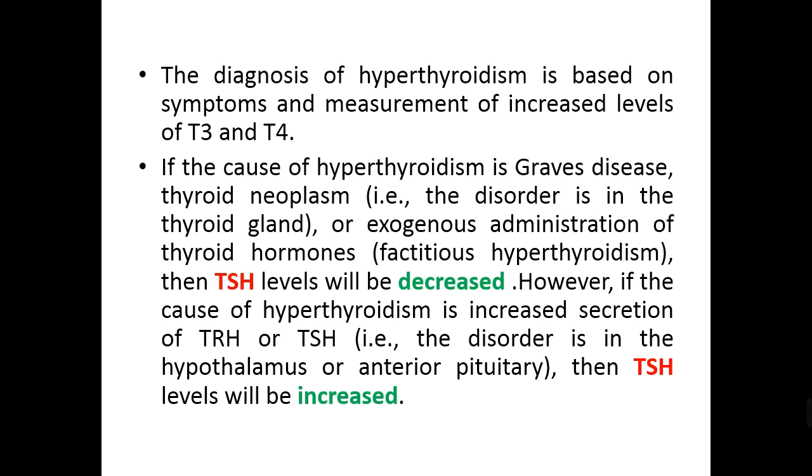While if the defect that causes hyperthyroidism is in the gland itself due to Graves' disease or due to thyroid neoplasm, then the TSH level, the thyroid stimulating hormone level, will be decreased. This is how we can differentiate between the causes of hyperthyroidism by investigating the level of thyroid stimulating hormone.